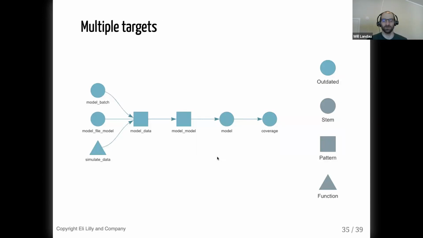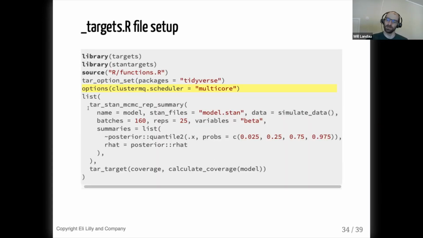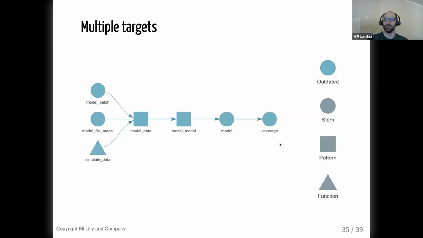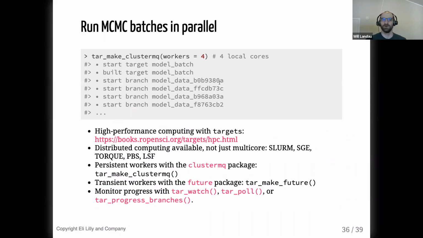Now we only wrote what looks like two targets in this workflow, but that gives us an entire ensemble of targets, an entire pipeline from establishing the model to running the simulations to fitting to summarizing them. And all we need to do to run it is call tar_make_clustermq with any number of workers that is appropriate.